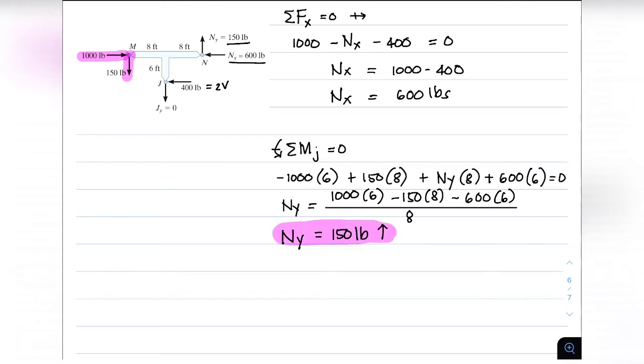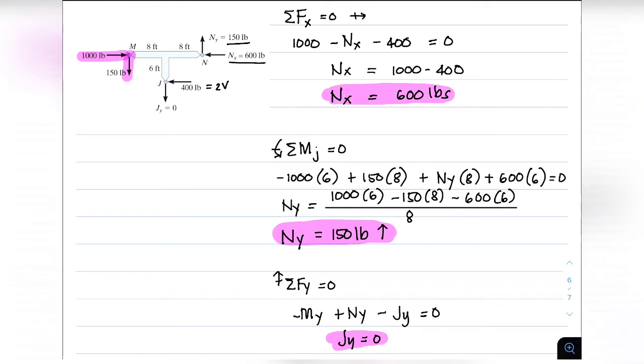If we sum up our forces vertical equal to 0, upward positive, we will notice that the value of your My and your Ny is equal, leaving the value of your Jy equal to 0.